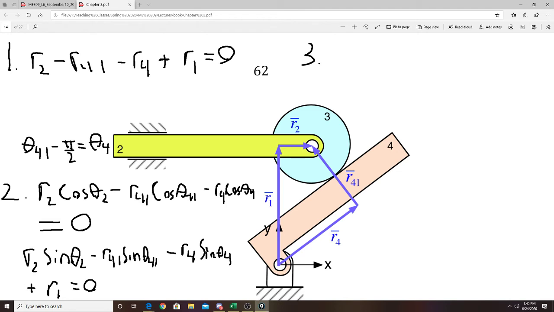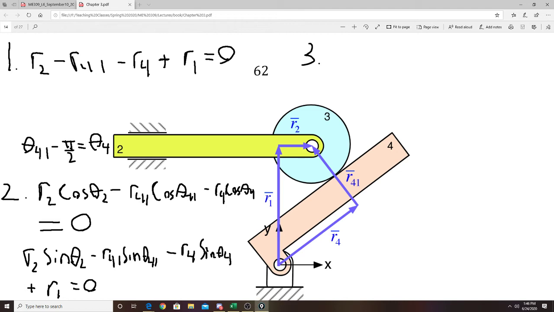Give me 1 second. They write it all out really stupid, and I'm trying to get it back to where it was. So R4 plus rho 3 theta 3 minus rho 3 theta 4 minus rho 4. So R4, give me 1 second.